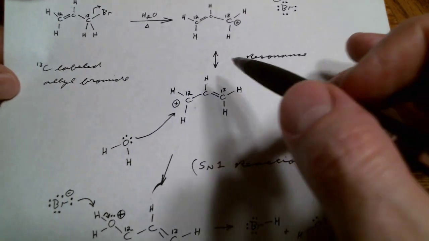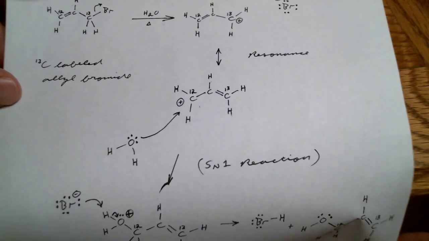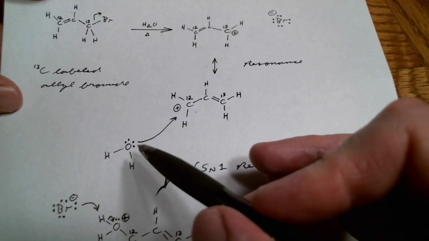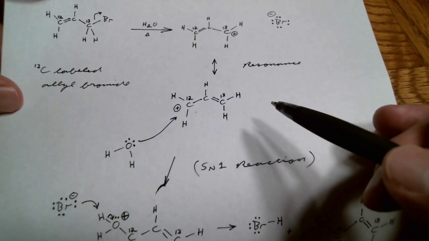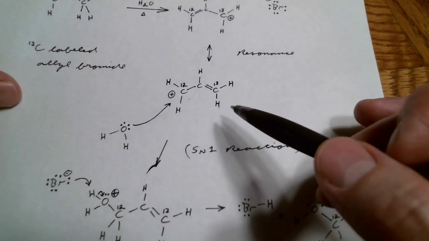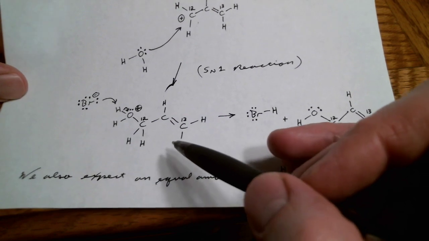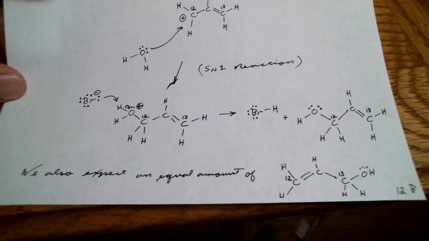It just so happens that in water, when we put allyl bromide in water and it breaks down, the water molecule itself, the oxygen atom, can form a bond to our cationic carbon center. This is an example of an SN1 reaction, and we'll talk at length about this type of reaction shortly.